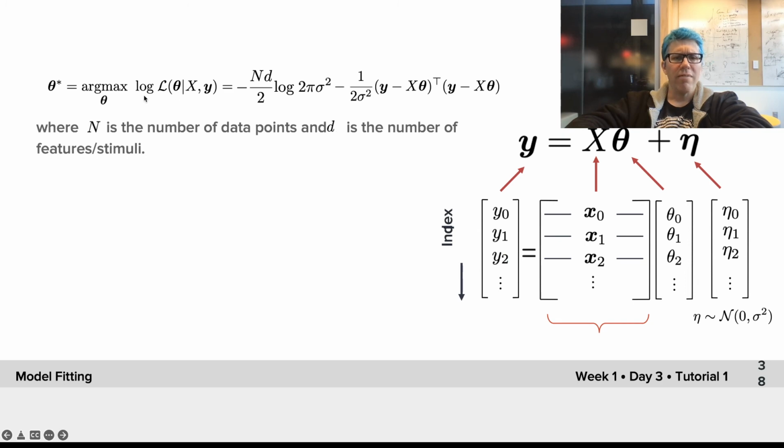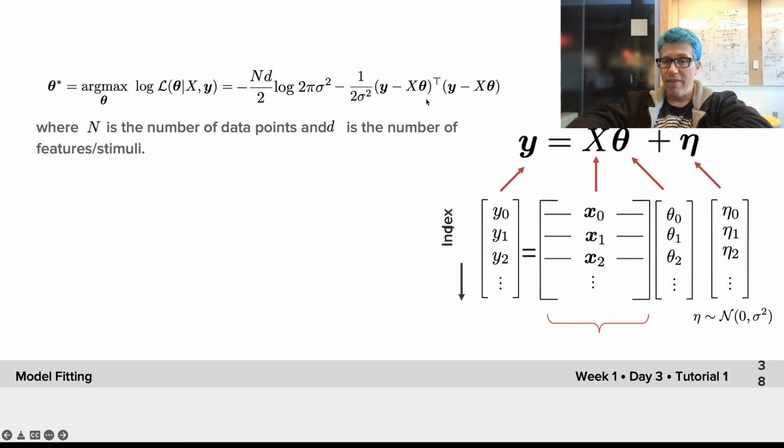So here we have the full form: theta star is the argmax over theta of the log likelihood. Keep in mind the log likelihood for the mean squared error will take this form. Here we have the first part of the Gaussian, the log of that. Here we have this squared thing.